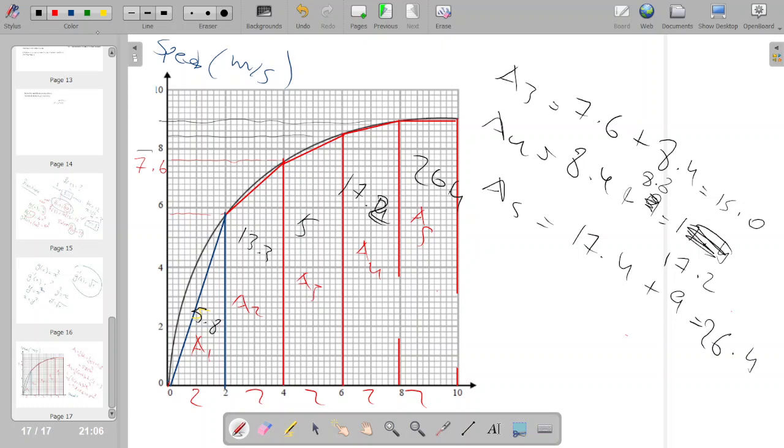After that, you take the total of all of the areas, so you can find the total distance. And when you use the calculator, I remember that the answer should be close to 51. So you're trying to add all of them to see if it's the same precision that I did before. 13.3 plus 15 plus 17.2 plus 26.4.